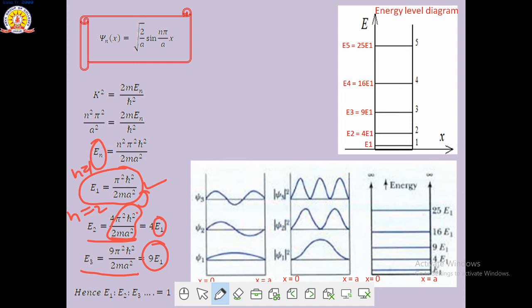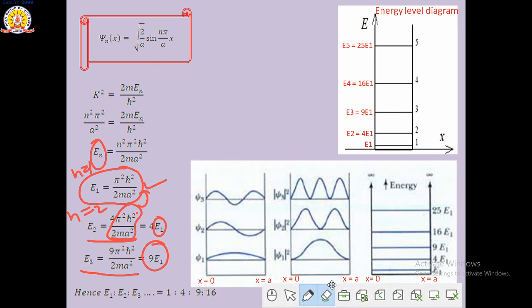So all the energy values you can write in ratio form like that: 1, ratio 4, ratio 9, and ratio 16. It means as a particle gets to a higher energy level, the separation between the energy levels also increases.